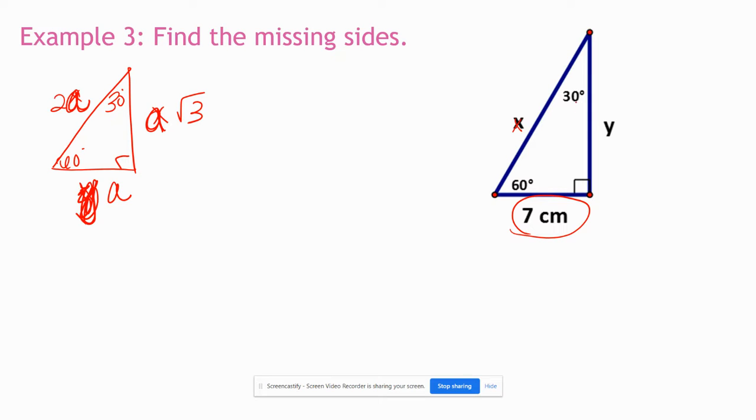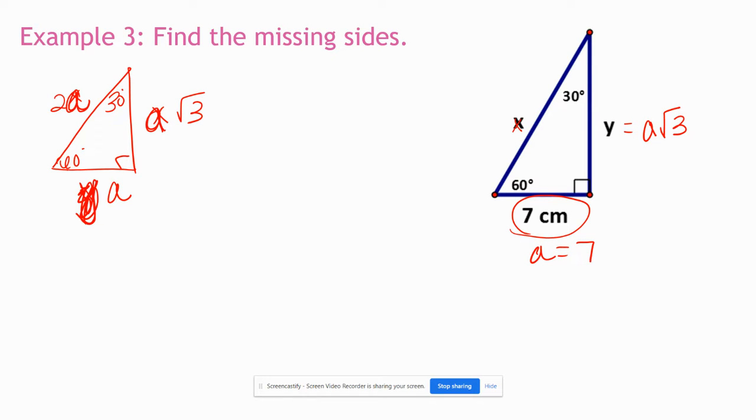So I'm going to start with what's given, and I know across from 30 is going to be 7, and across from 30 here is going to be a. Across from 60 for our equation is going to be a square root of 3.